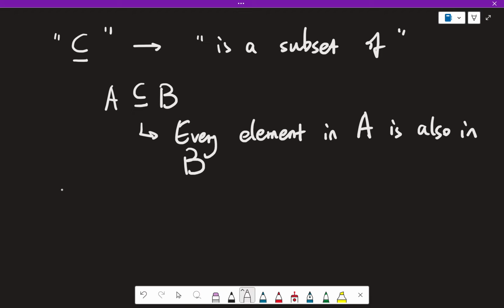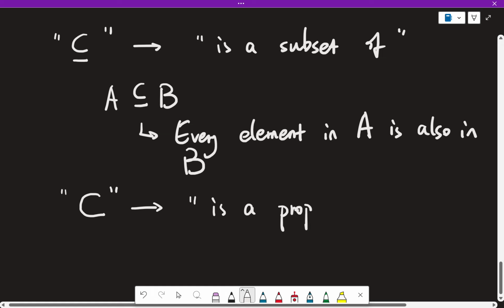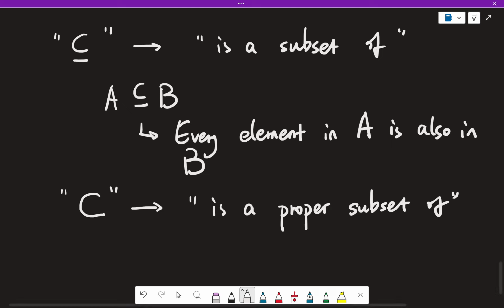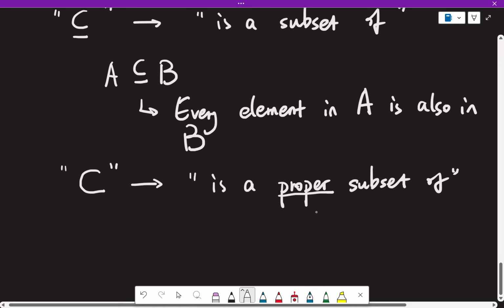There's another very similar symbol, very similar notation, but with a slightly different definition. This is read as "is a proper subset of". The concept of a proper subset is a bit harder to understand.